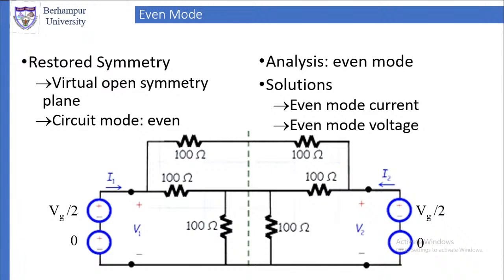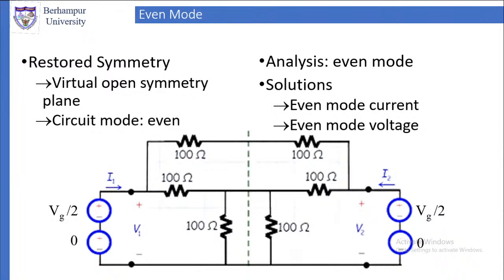Why do we call this a virtual open symmetric plane? Now look at this line, and where this line cuts the circuit, at any point on the circuit, the current will be 0. Why? From the left hand side, from port 1 we have Vg by 2, so current I1 is going.